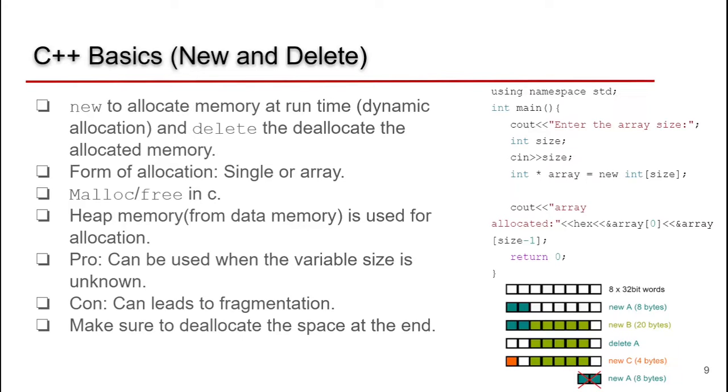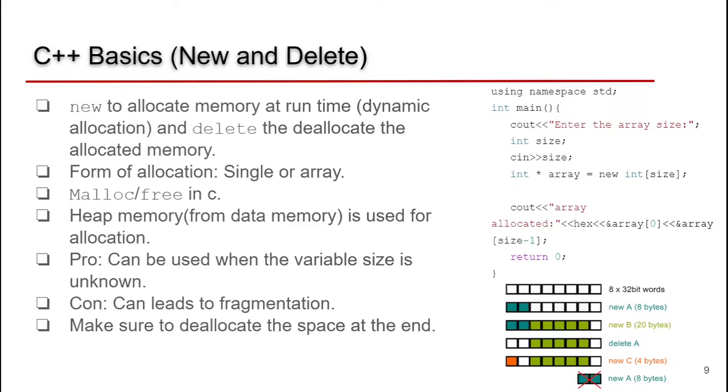For free, once you finish this line and finish using n1, you just say free n1. You pass the pointer, the address of your resource, to delete it in the memory. So malloc is identical to new in C++, and free is identical to delete, but you use them differently between C and C++.